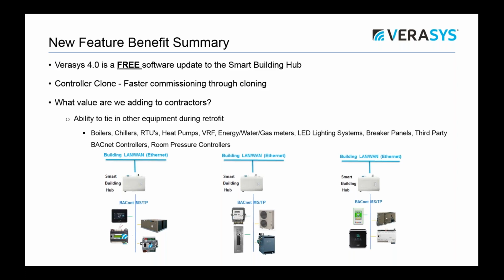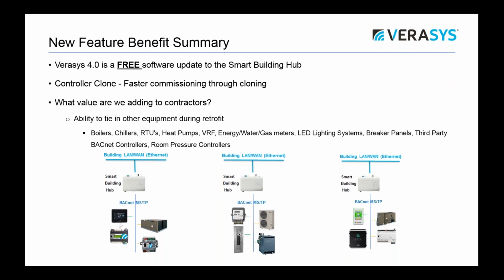If you have an existing smart building hub in the SBH200 series and you need to update it so you can pull in some third-party BACnet devices, maybe it's an existing building you already had a hub in and they've added some new rooftops or something, you can now bring those in through the BACnet integration. You can go to verasyscontrols.com and download the 4.0 update and update your existing hub. Again, that's a free software update.